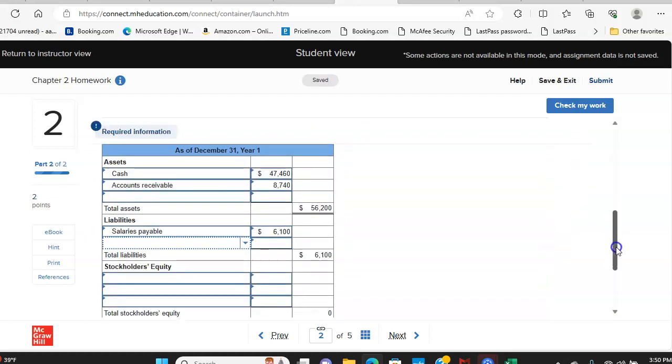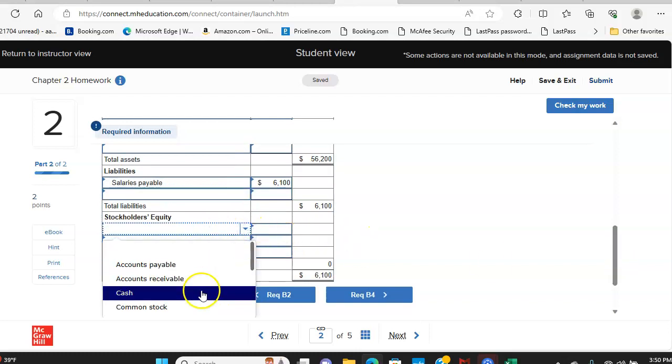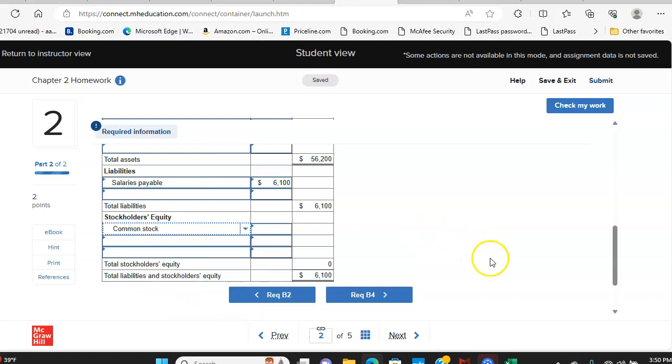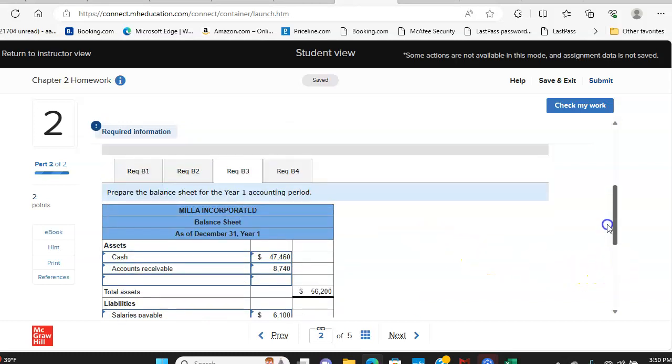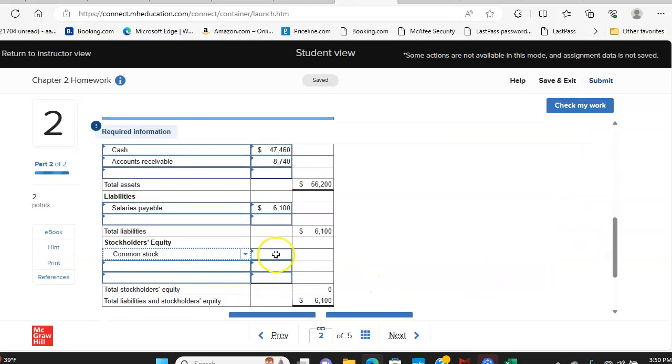And then under my stockholders' equity, you're going to have common stock. Your common stock, we see, was 13,500.